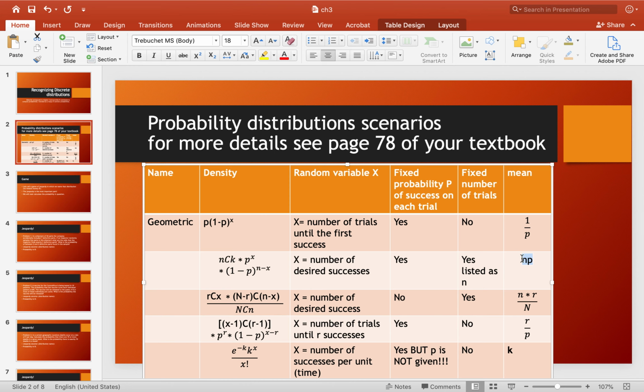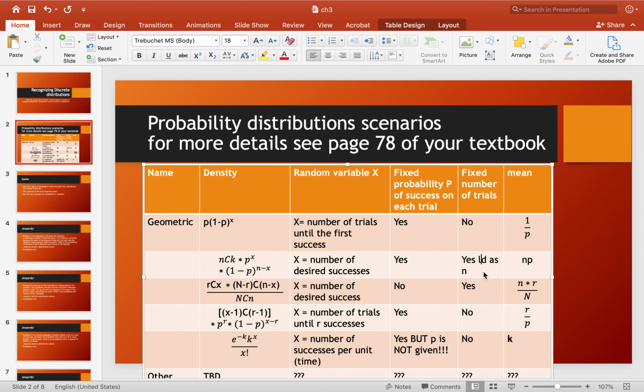So the mean is n times p. Since that went off the screen, it affects my formatting, so I'll just say yes, and the fixed number of trials is equal to n. So this is the formula; the density is what's called a binomial distribution.